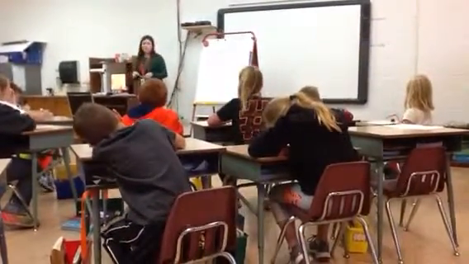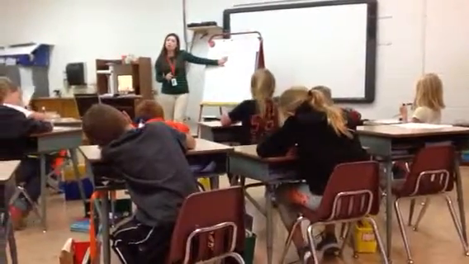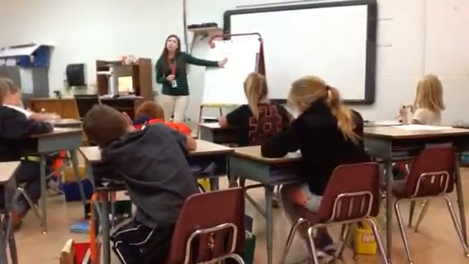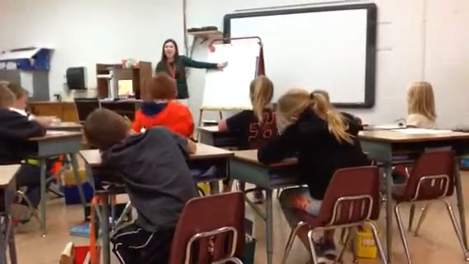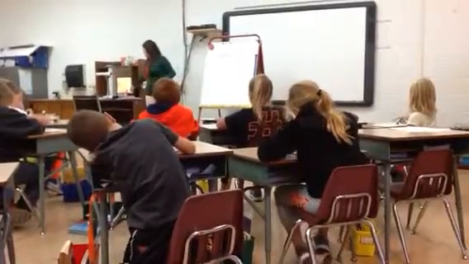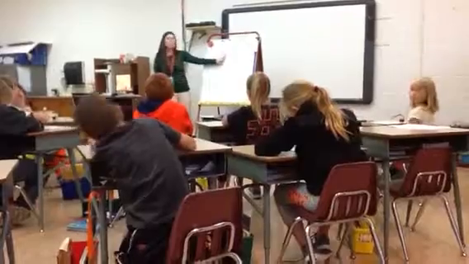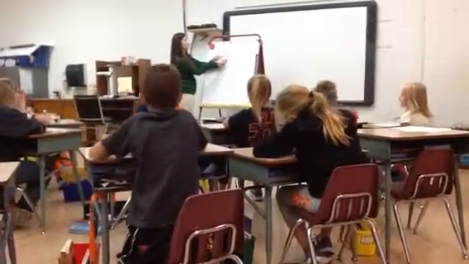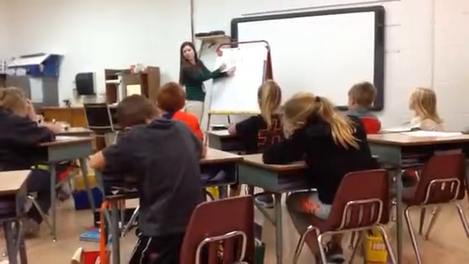And let's see, Chesney, this vowel, as you say it, is that the long or short sound? Short. It is the short. Let's all say the short E sound together. Good. Excellent. Since it is the short vowel sound with consonants on either side, what kind of syllable is this going to be?